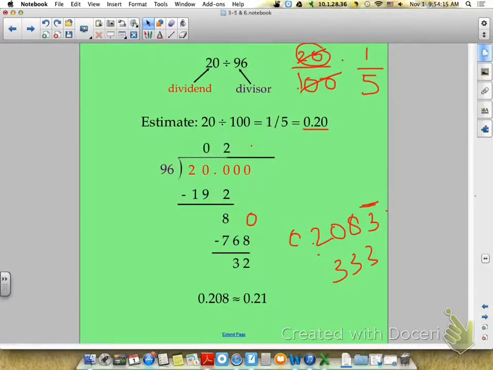So after the decimal point, I have 2, 0, and 8. I don't need any more than that. So that's why I stopped there. It almost seems like I stopped abruptly, but there was a method to the madness. Okay? All right. One more and then we'll be done.